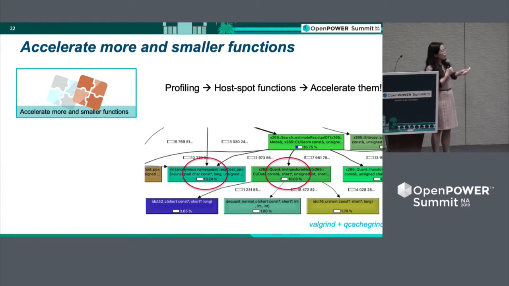It is a very big diagram, and we can look at the numbers and find out the hotspot functions. You can identify the input arguments and the output arguments, and use the acceleration framework to accelerate them. So it doesn't have to be a very big function. Even some smaller functions can get accelerated.